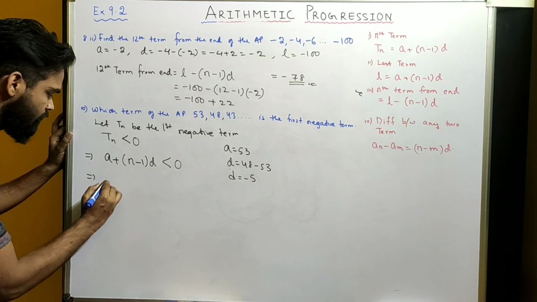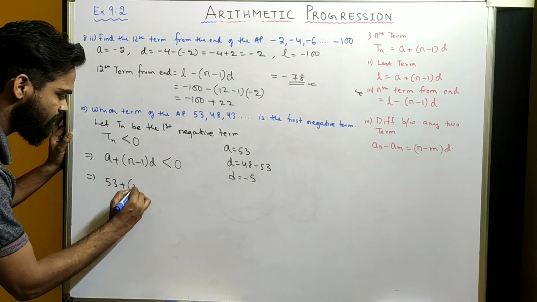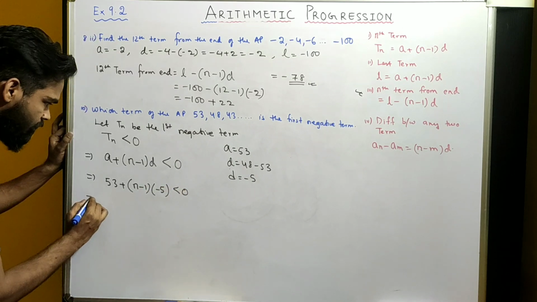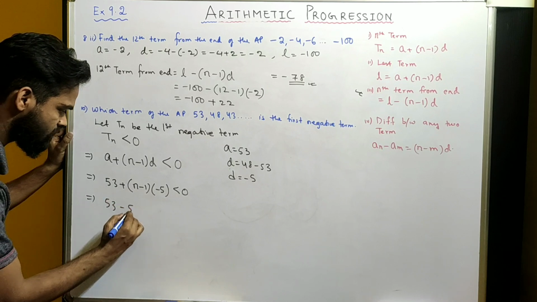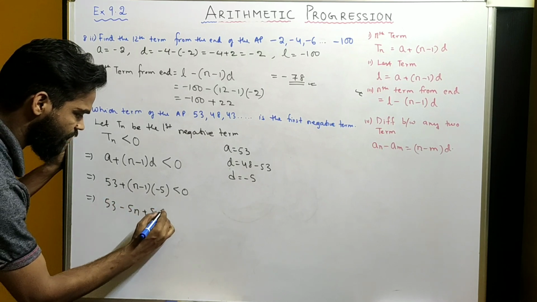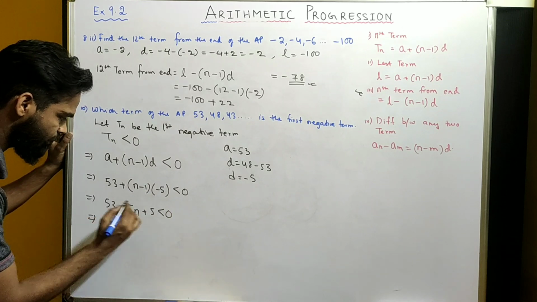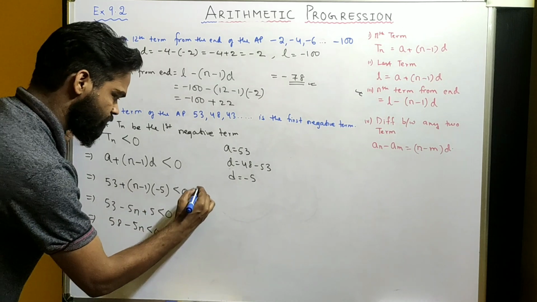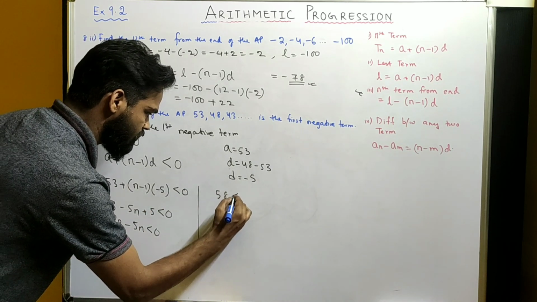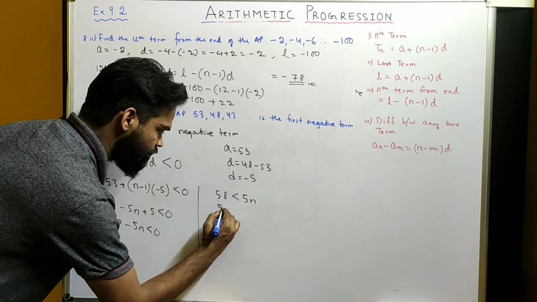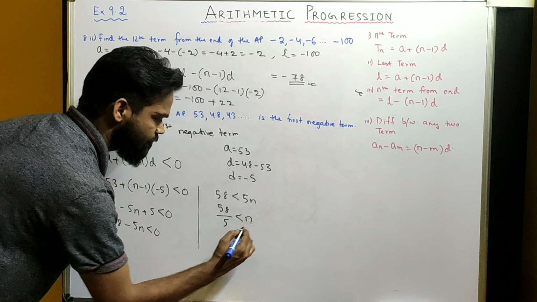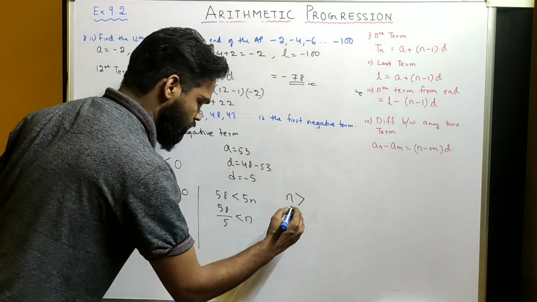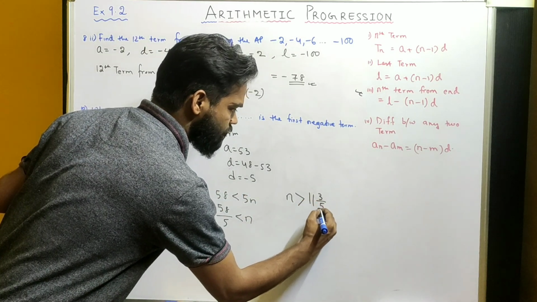So this is 53 plus (n minus 1) into minus 5, less than 0, which means 53 minus 5n plus 5 less than 0, which means 53 plus 5, that's 58 minus 5n less than 0, which means can I write 58 less than 5n, which means 58 by 5 less than n, which means n greater than 58 by 5, which is 11 3 by 5.